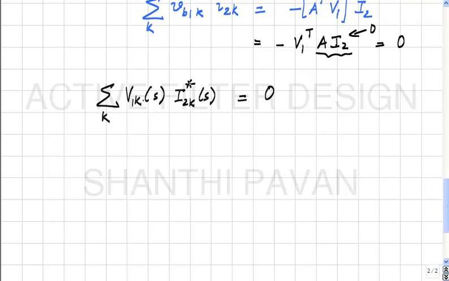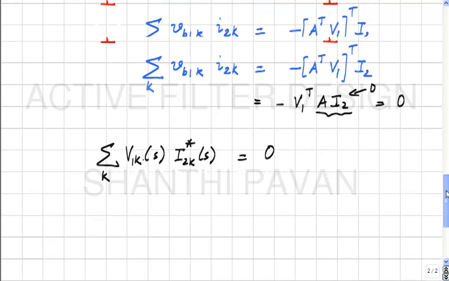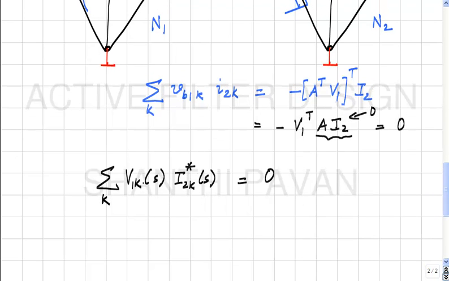When you multiply two Laplace transforms, it's not very clear what this means. If A I is 0, then I just take complex conjugates on both sides of the equation.